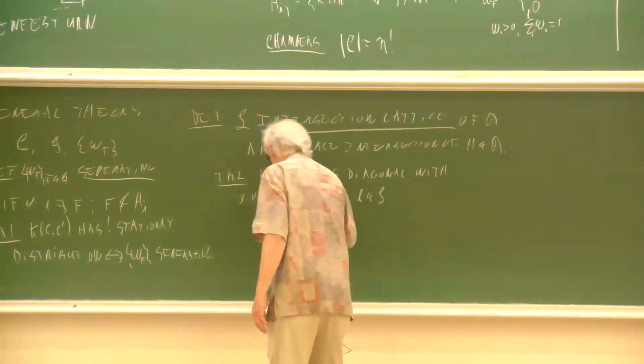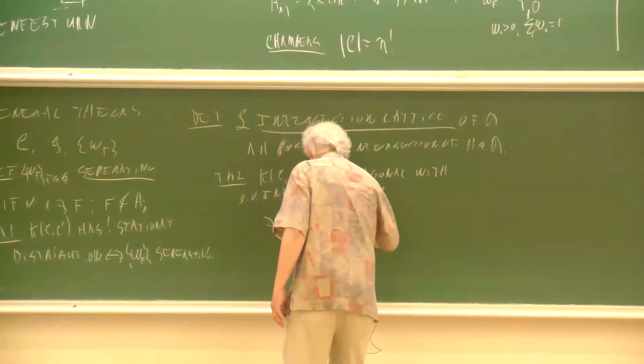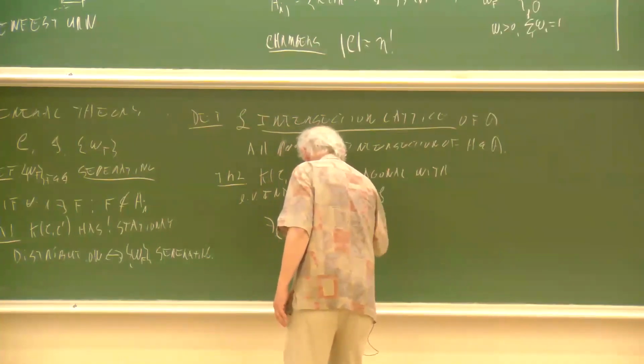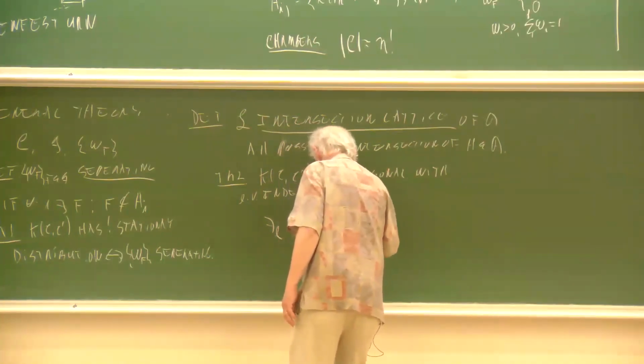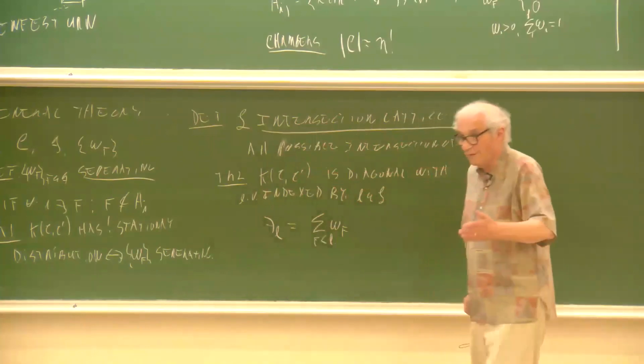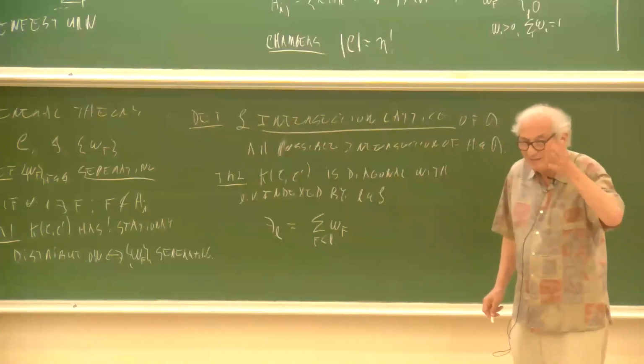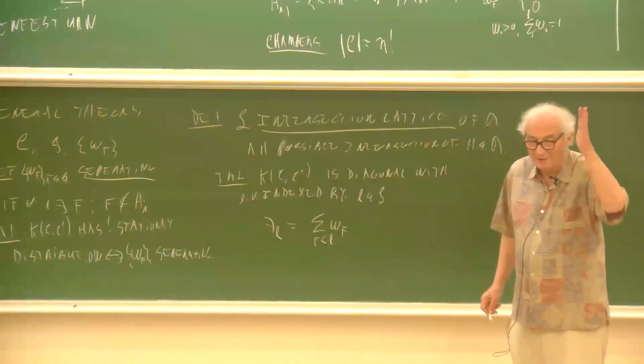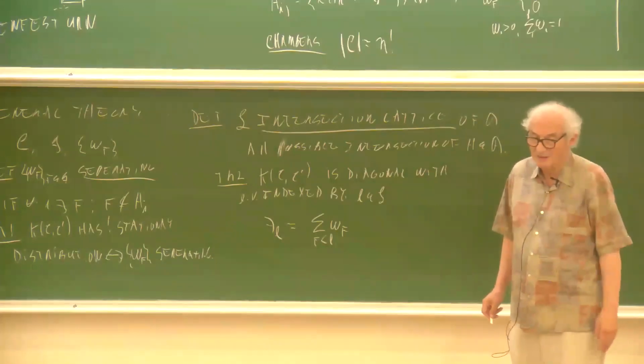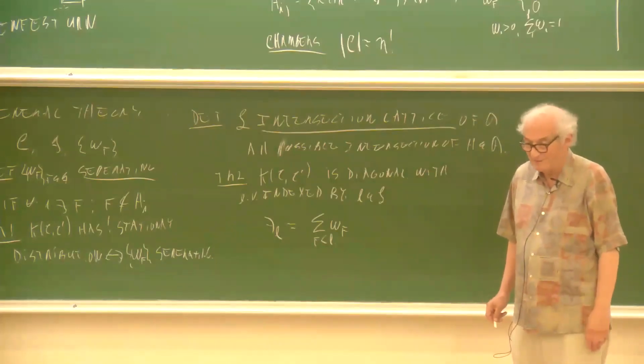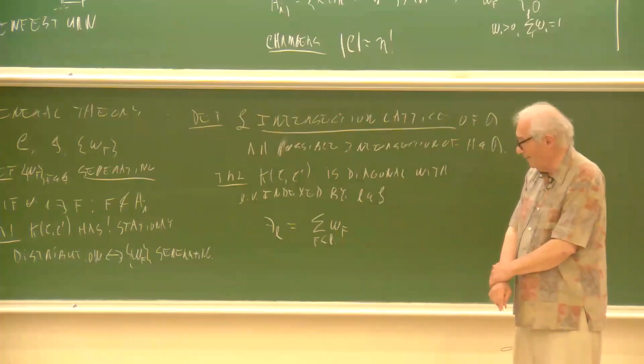Lambda sub L is the sum of the face weights of F, where F is contained in L. L is some intersection of hyperplanes. Look at all of the faces that have positive mass that are in that intersection, and add up those weights, and those are the eigenvalues.